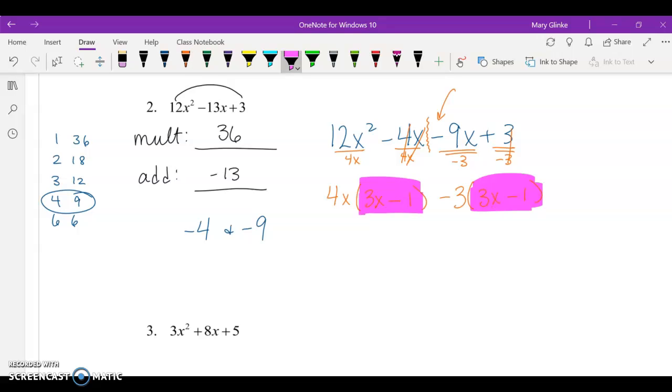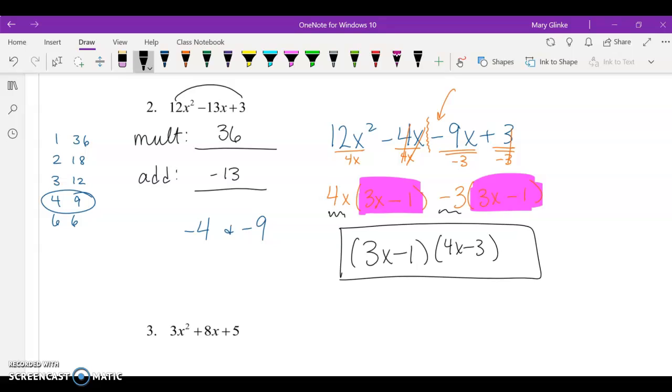Now you'll notice that the 3x minus 1s are in both of those, so they're one factor. And then the 4x minus 3 would be our other factor. To do a quick check, when we multiply, we would get 12x squared minus 9x minus 4x plus 3. And that is exactly what we started with when we combined the middle two.